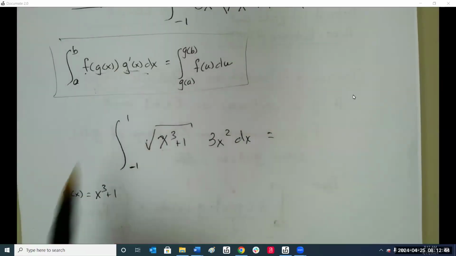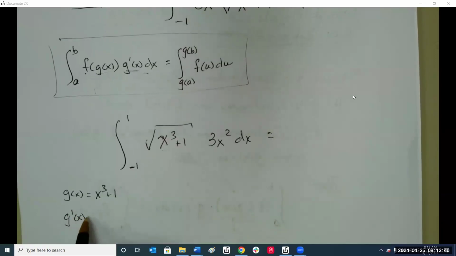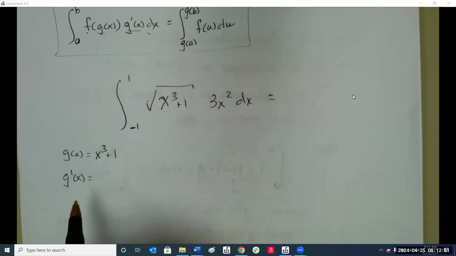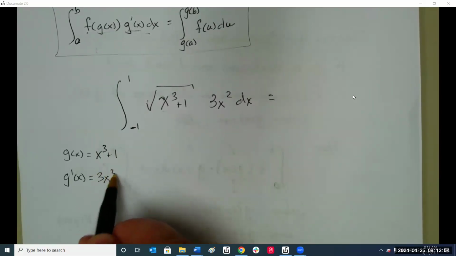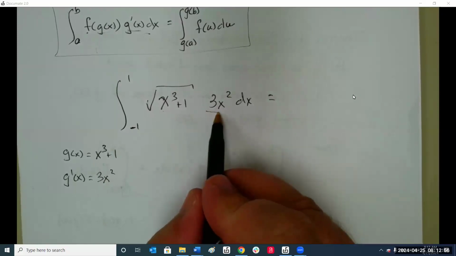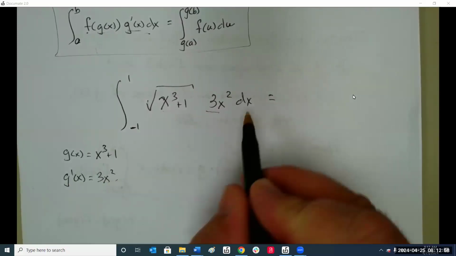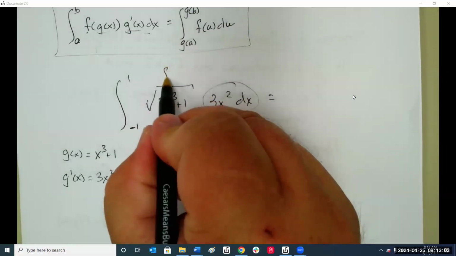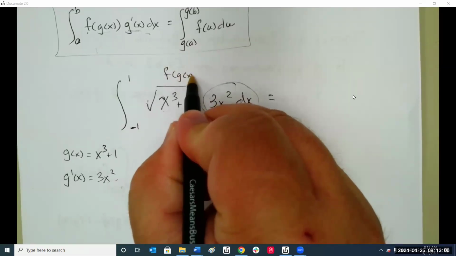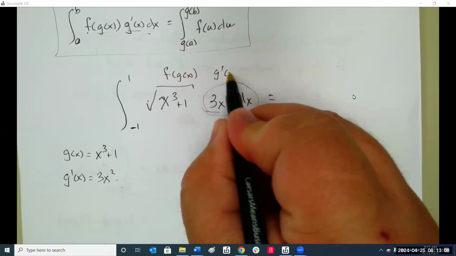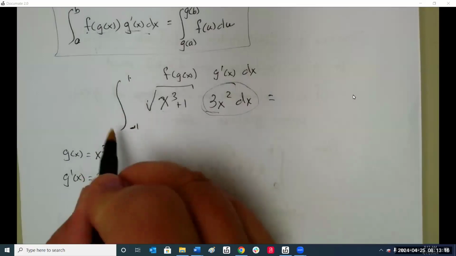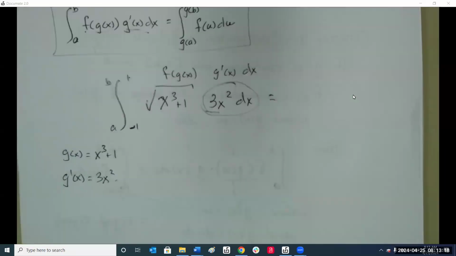So what's g prime of x? What's the derivative of this one? 3x squared. Well, we have that too. 3x squared, and there's the dx. So this is f of g, and this is g prime of x dx, from a to b.